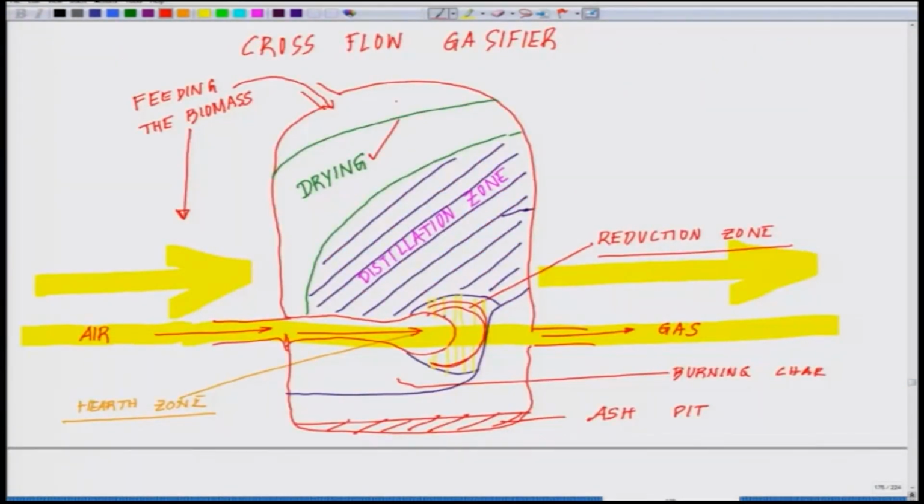This is the drying taking place at a higher level. Similarly, distillation or pyrolysis, all is happening at the higher level, and at this level is the final reaction where the air comes in contact with those processed materials.